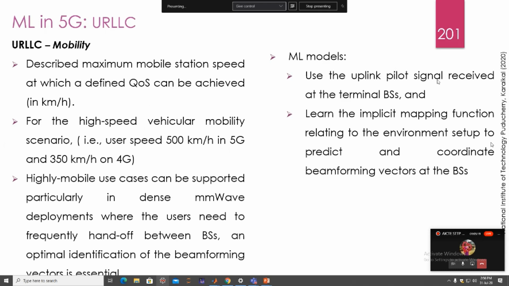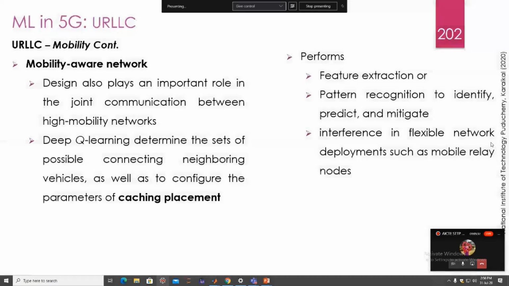Use the uplink pilot signal received at the terminal base station and learn the implicit mapping function relating to the environment setup to predict and coordinate beamforming vectors at the base station. Mobility in the network design also plays an important role in the joint communication between the high mobility networks. In this case, deep Q learning is used.